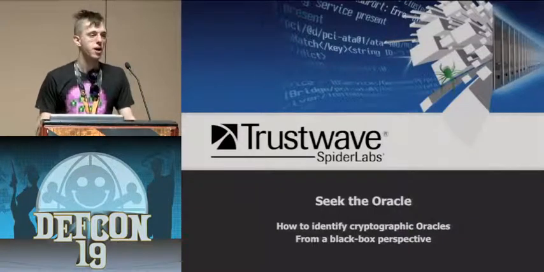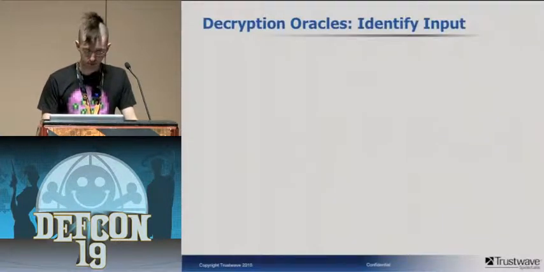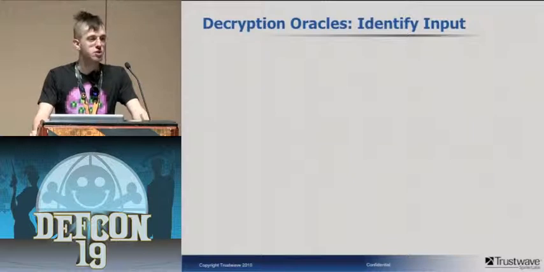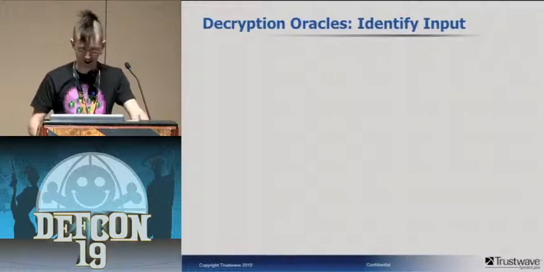So now let's talk about how you can find oracles in web applications anyway. So first thing you're going to want to do is to try to identify input. Now, when we're trying to identify oracles, it's easier for us to identify encrypted data. It's a lot easier to find than data that's going to be encrypted, because how can we tell?